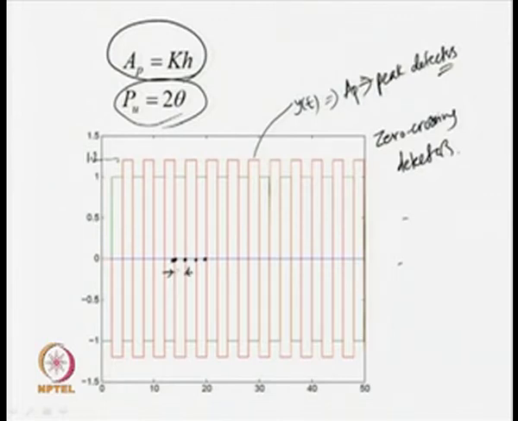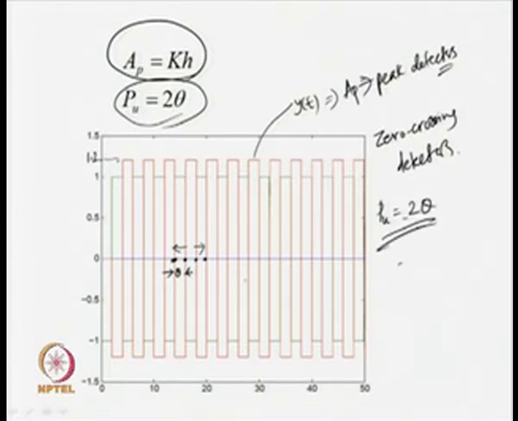Interestingly, this span happens to be theta. So, from this to this, which makes one complete period, gives you the ultimate period P u equal to 2 theta.